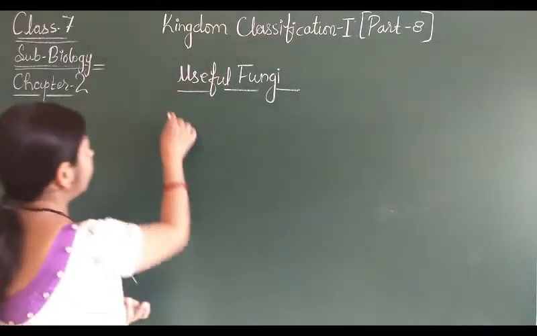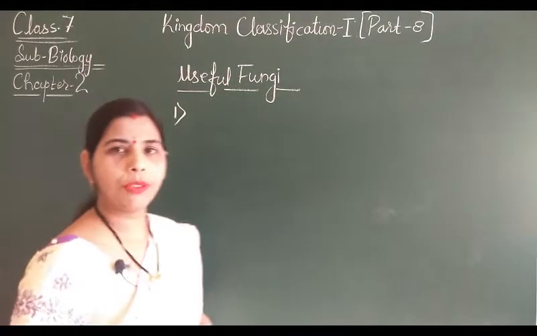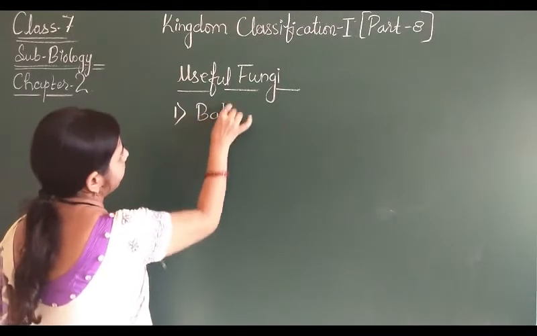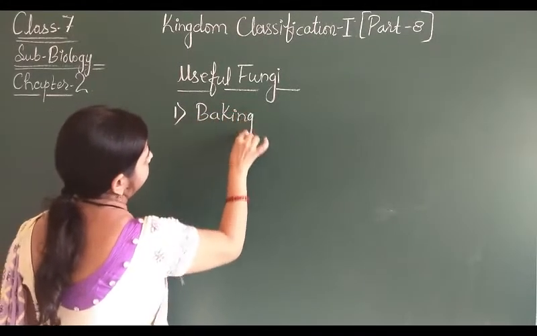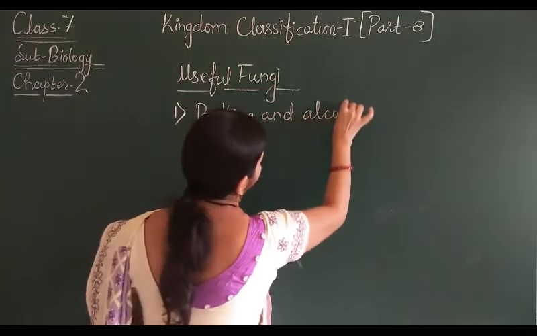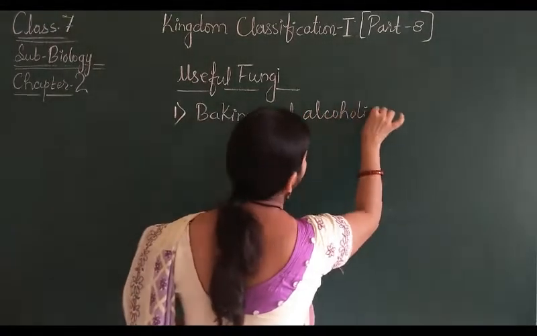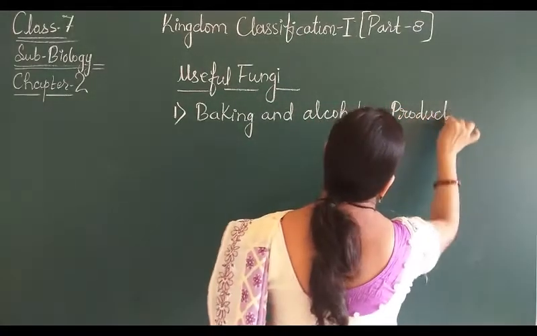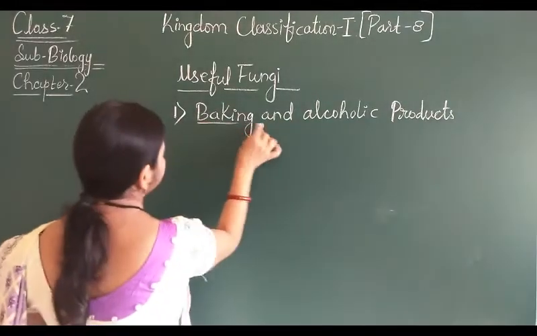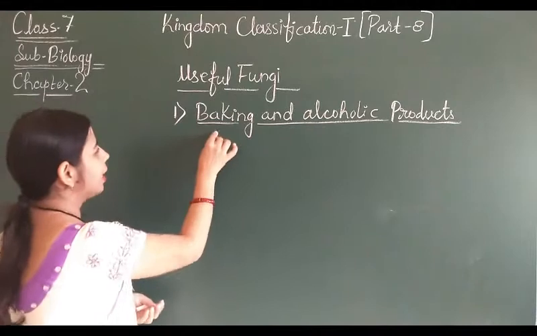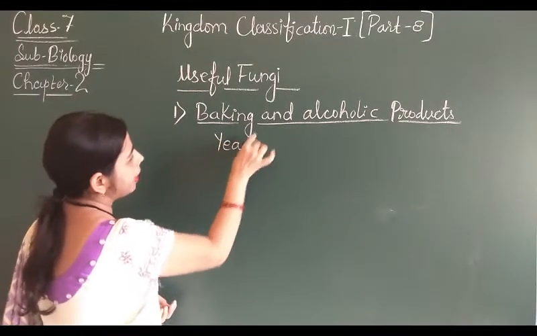So first, the useful fungus is in baking and alcoholic products. That means one fungus is there and the name of that fungus is yeast.